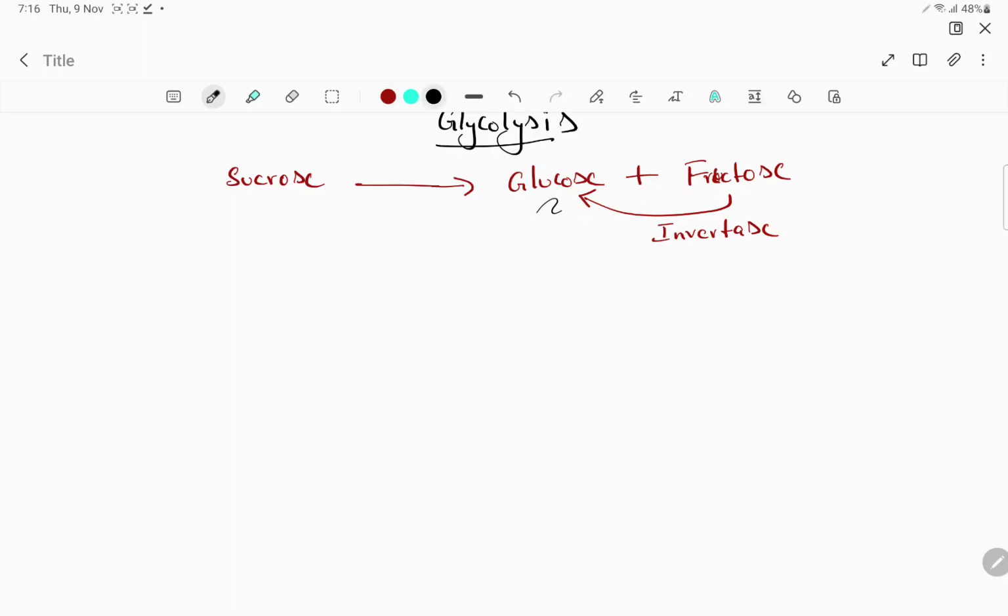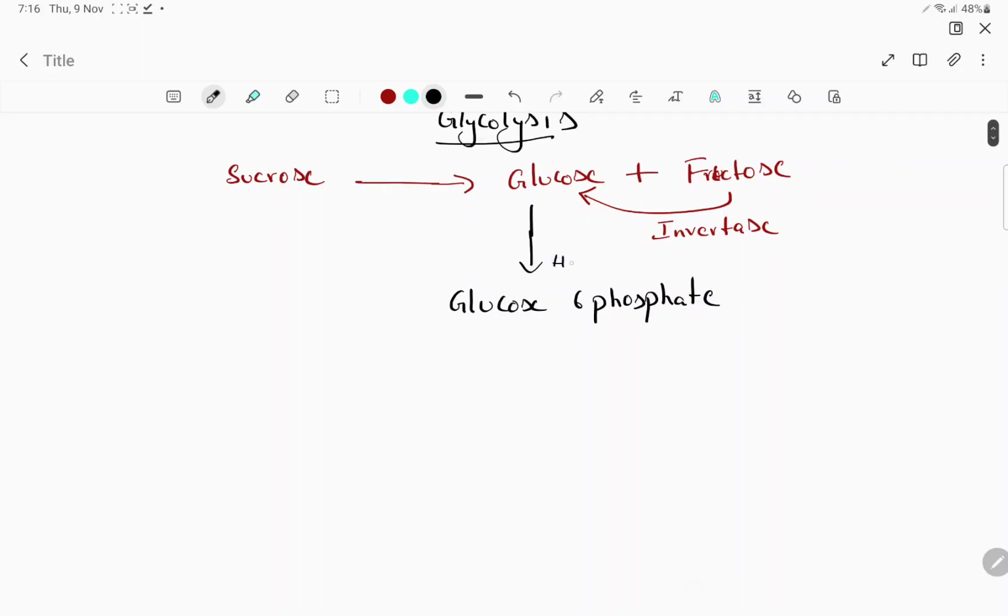Next, glucose is converted to glucose 6-phosphate by the enzyme called hexokinase.